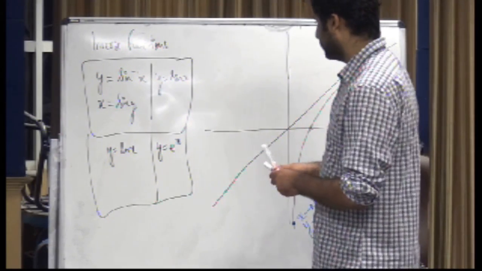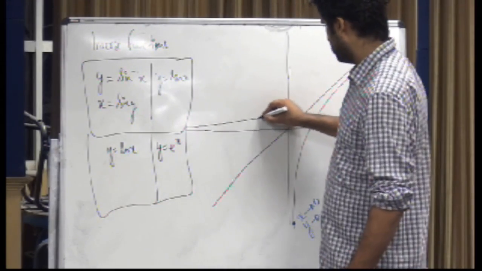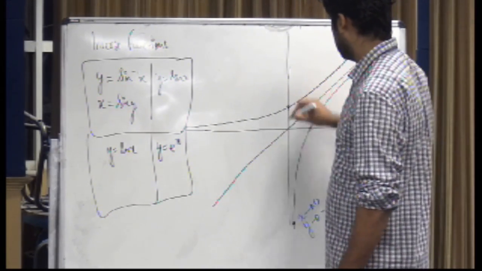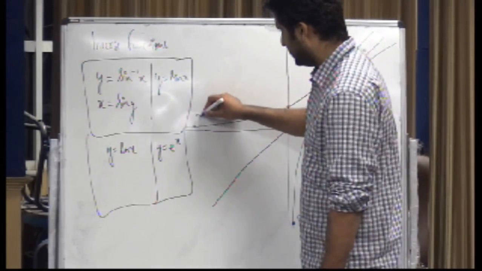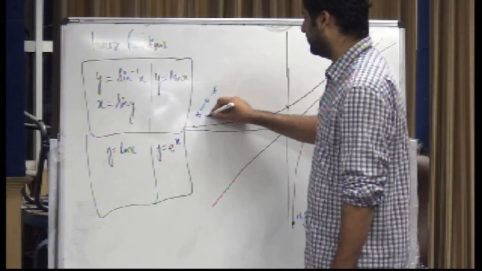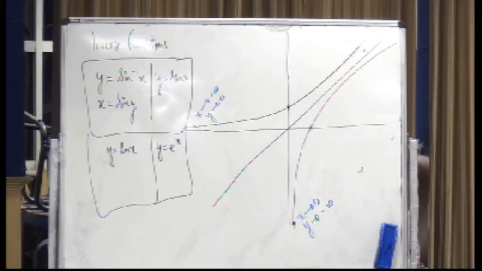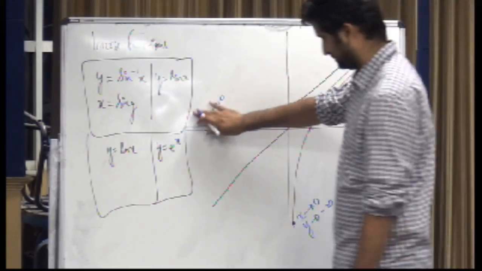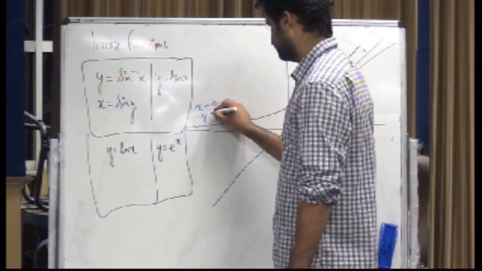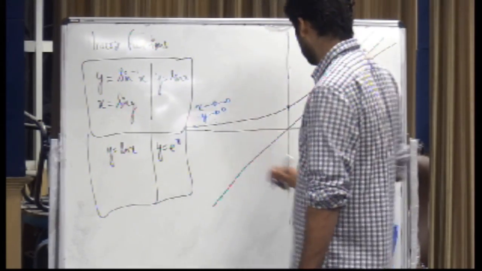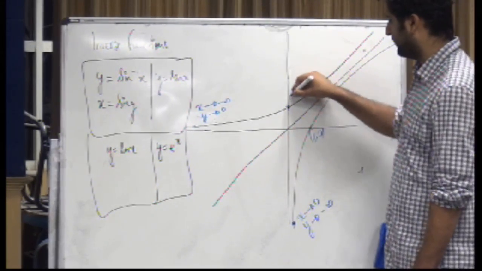So we start from here. This is the point where x is tending to minus infinity, y is tending to 0. This is the point (1, 0). This is the point (0, 1).